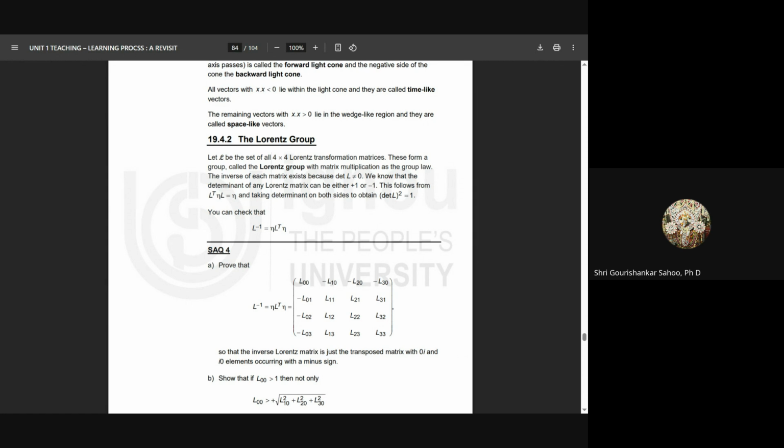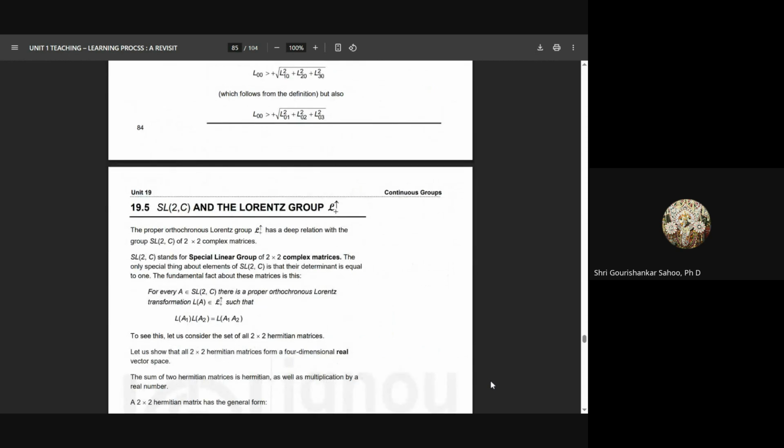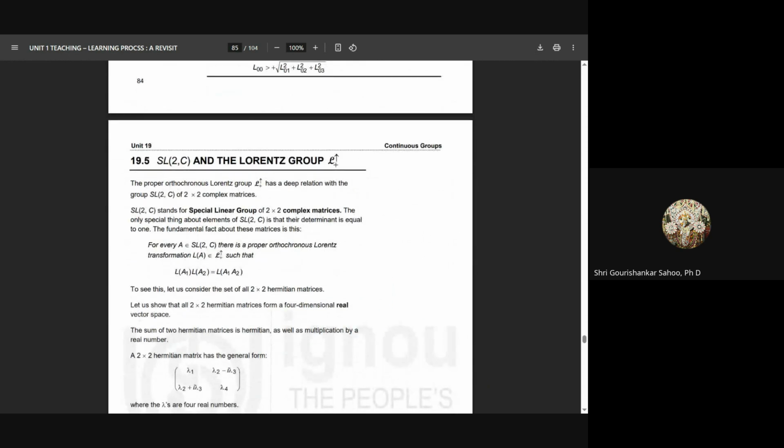So you can have L inverse equal to eta L transpose eta, and if you put L transpose eta L equal to L eta, then taking the determinant on both sides, you get determinant L square is equal to 1.